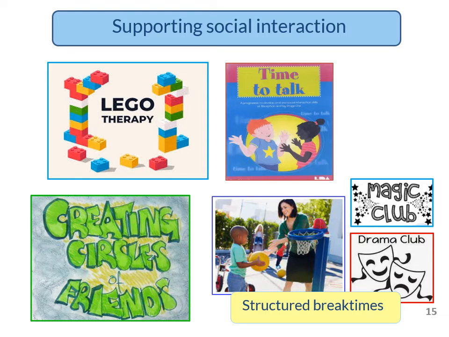It works on key areas of social interaction, such as turn-taking, listening, initiating play, eye contact, problem-solving, and sharing. In addition to this, it helps with language concepts like size, prepositions, and colours.